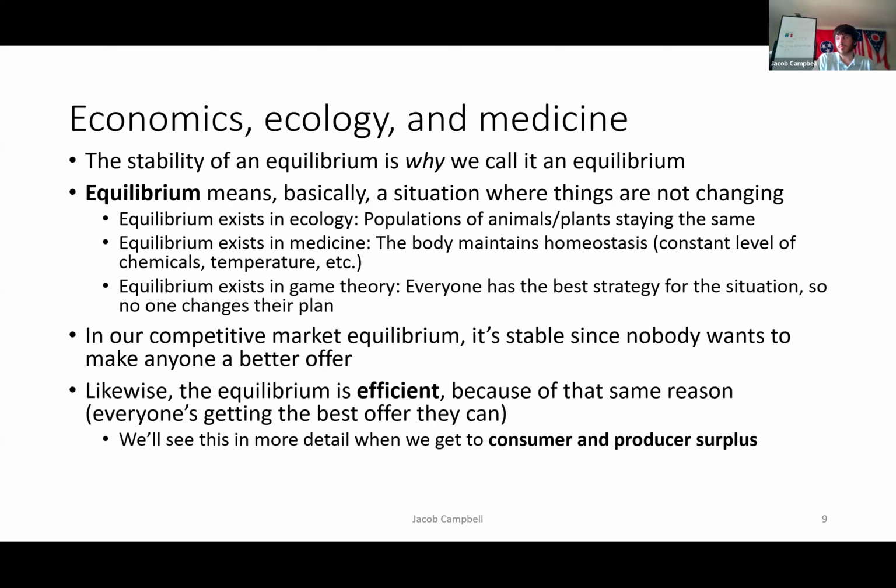At an equilibrium, if you were to change the price, one side or the other would cut back on their quantity traded, and it would be to the detriment of both. And so we likewise say that this equilibrium is efficient because of that same reason. Everyone's getting the best offer they can. But we'll explore that in more detail a few videos from now when we talk about the gains from trade and how we measure those.